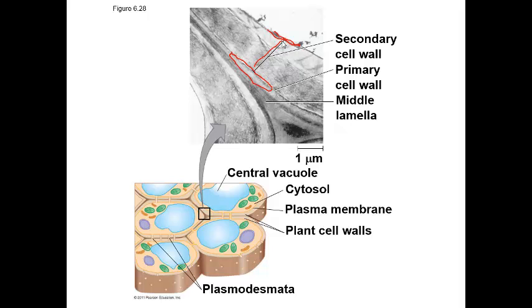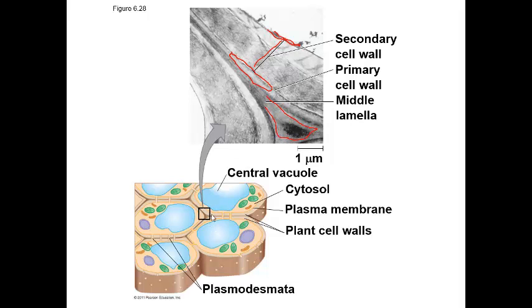That primary and secondary cell wall is going to be what really gives a plant cell, and ultimately a plant as a whole, its structural integrity. The material in between plant cells is called the middle lamella, and you see that right here.